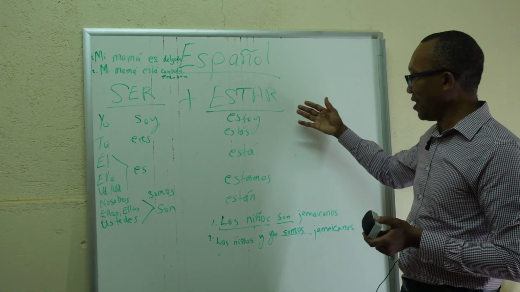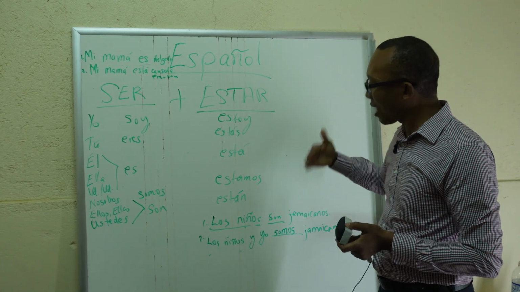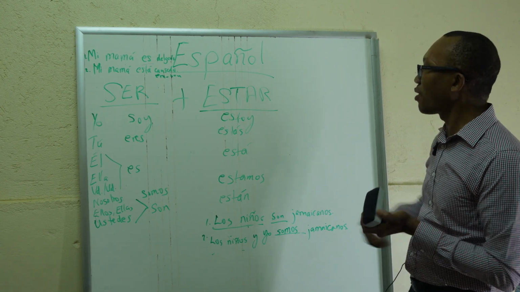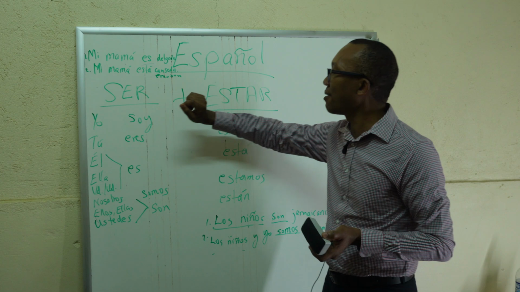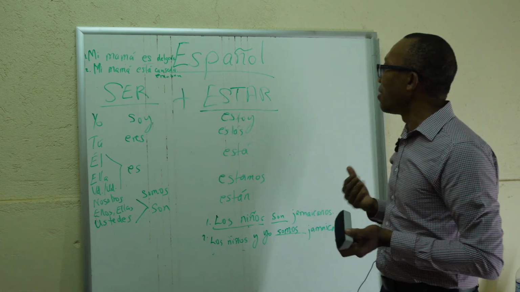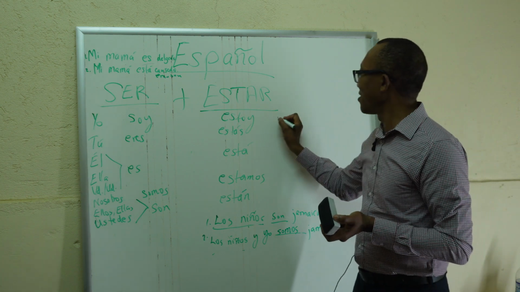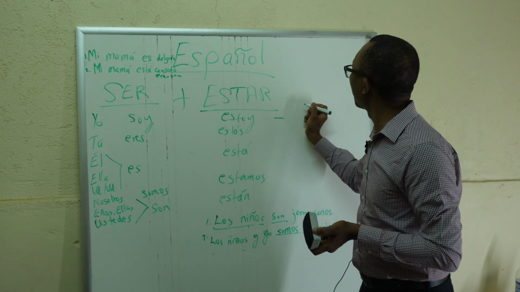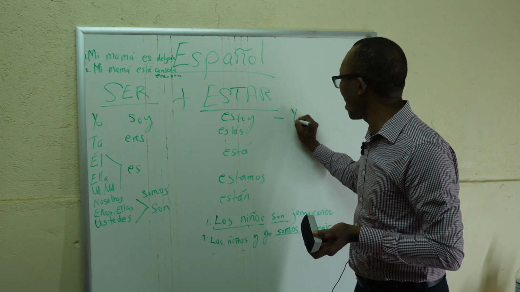And so let me give you now some examples for the ESTAR. So let's say, there was one there already. My mother is tired. Mi mamá está cansada. But if I am tired, right? It would be estoy. And by the way, I need to put yo.